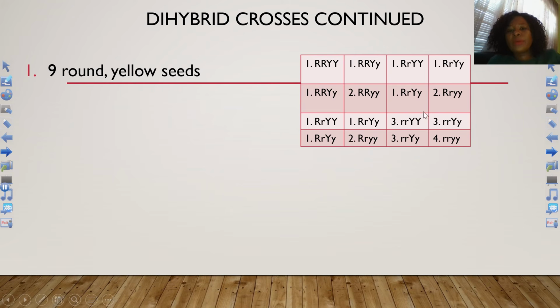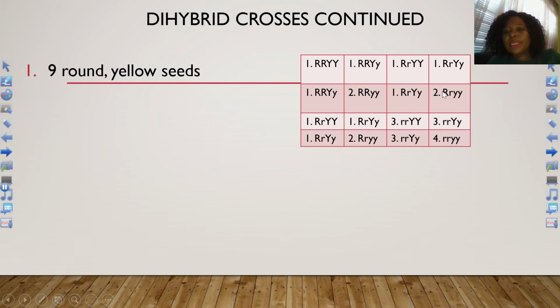Now let's go to the ones labeled number 2 and interpret what number 2 translates to. How many number 2s do we have? We've got 1, 2, and then 3. Let's look at what that represents. It's capital R, small y, small y, meaning round seeds which are wrinkled.